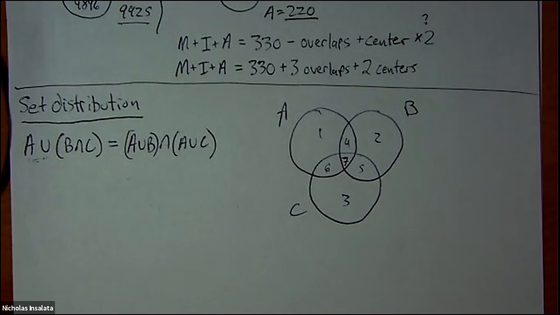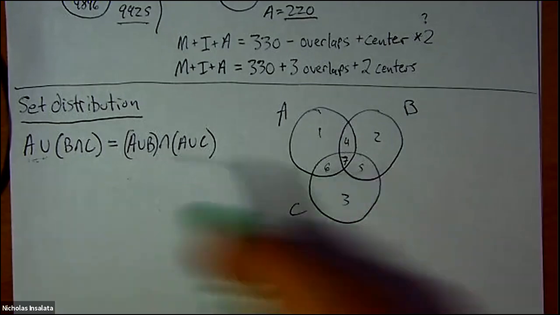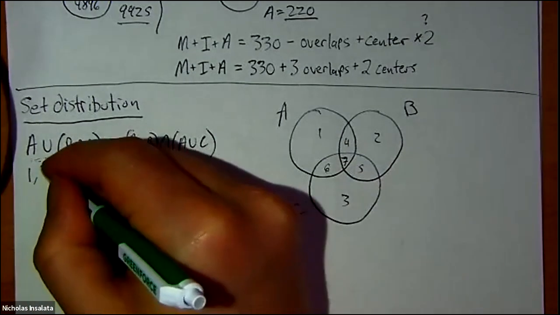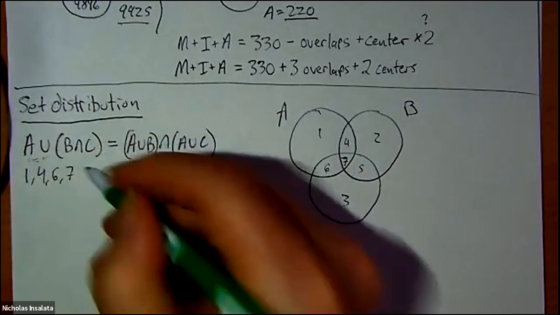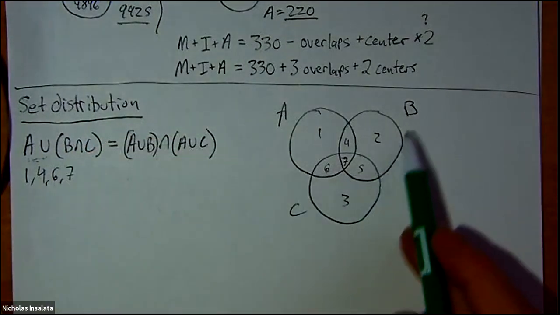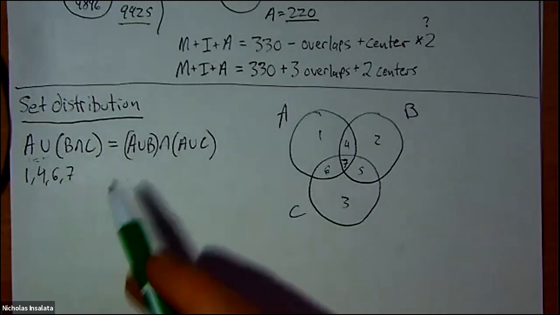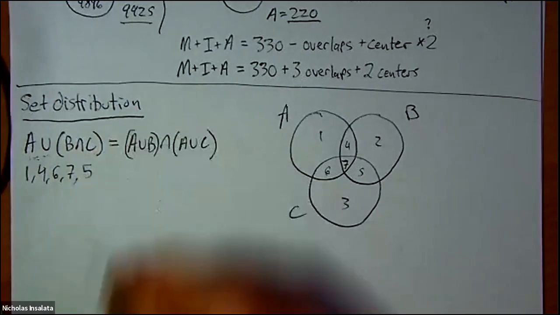One, 4, 5, 6, 7. So all of A, which is 1, 4, 6, 7, and B intersect C. Well, B intersect C is 5 and 7. 7's already in there, so we'll just throw the 5 on.